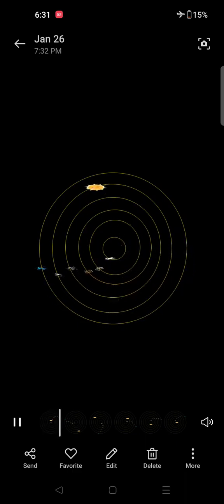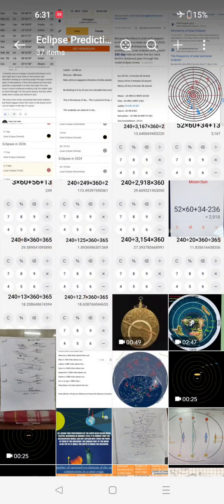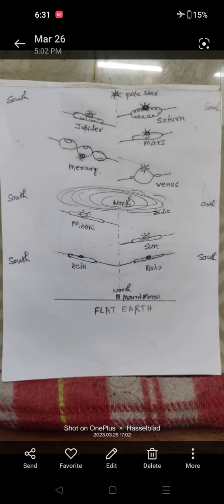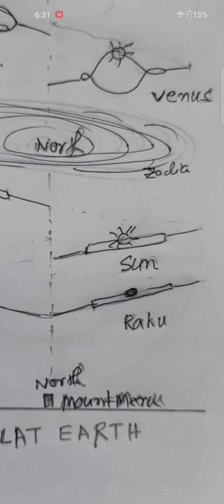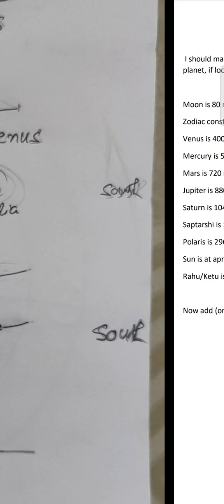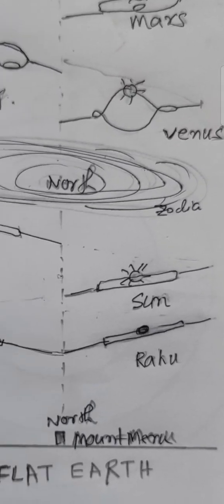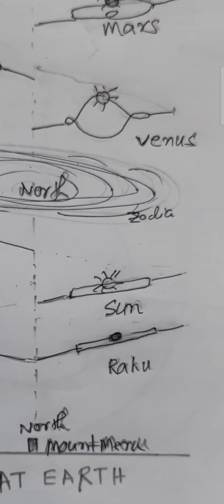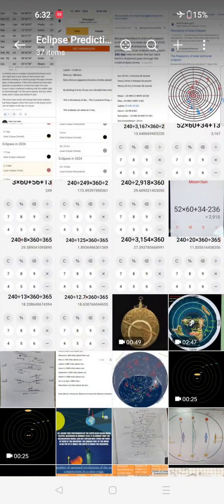The Sun is rotating, and its speed is increasing as it goes from the middle to this side, the south side. The Sun goes south to north, south to north, south to north. This Sun is moving, and that is why this track increases the Sun's speed.